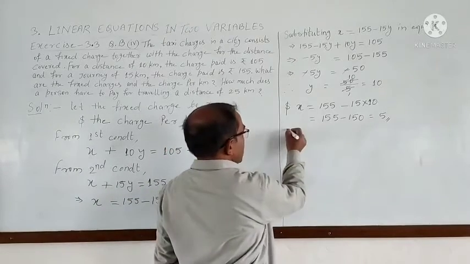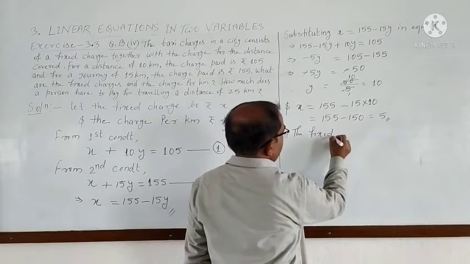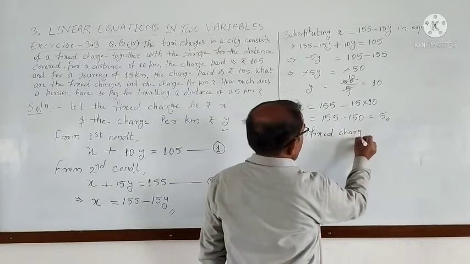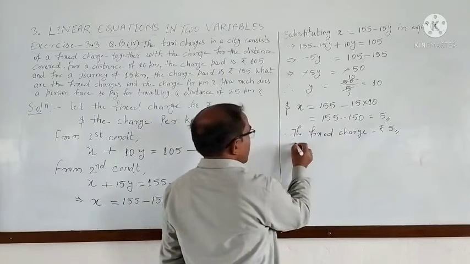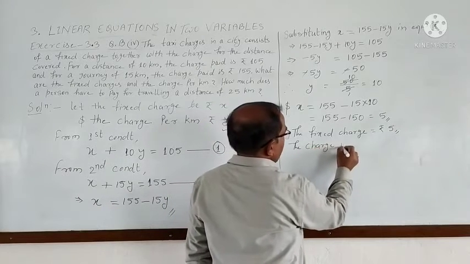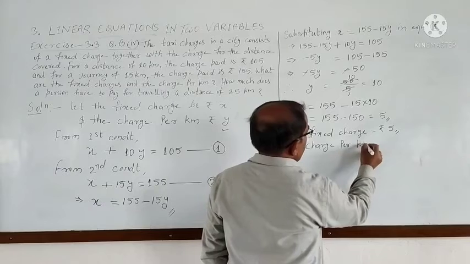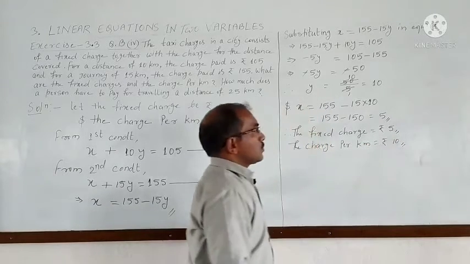We will write in words. Therefore, the fixed charge is x, that is we got 5, so rupees 5, and the charge per kilometer is rupees 10.